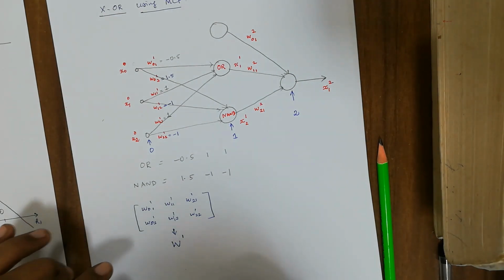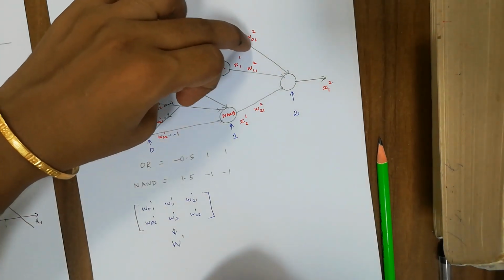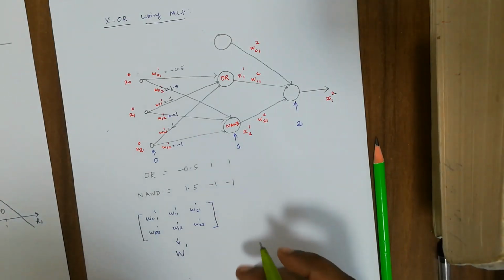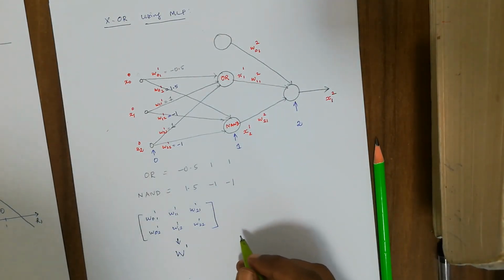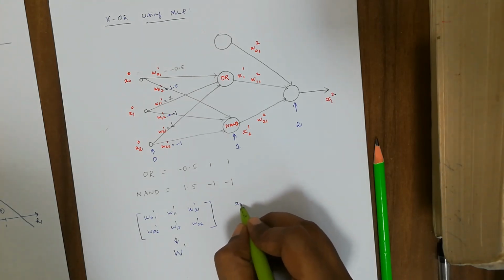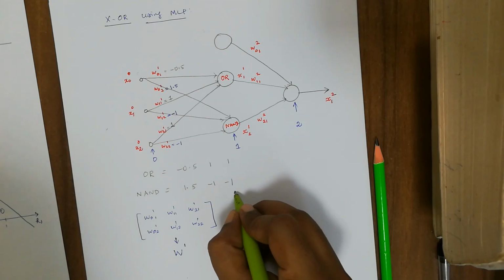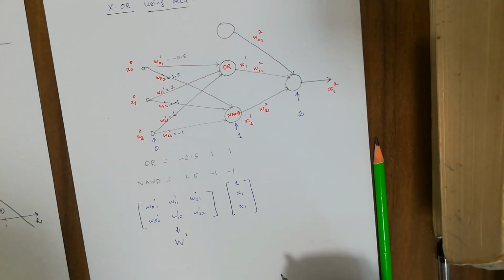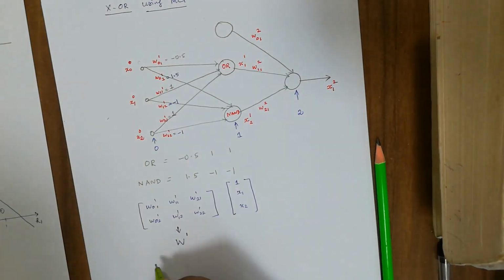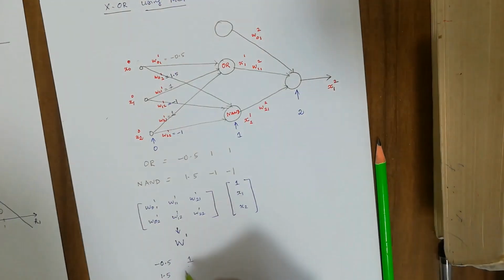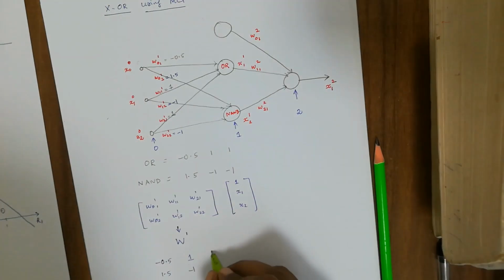Now we have to assign the weight vectors for this layer after computing this. Now let us compute what the x1, x2 value is. That has to go as x1, x2 appended with the value 1, which is the bias. So now let us take these values: minus 0.5 and then 1.5, then 1, 1 minus 1, and then 1 minus 1.